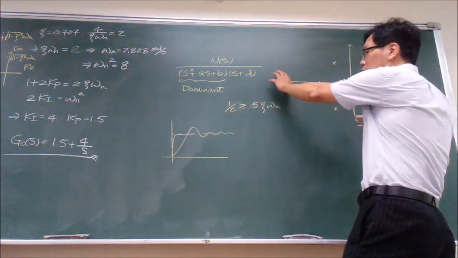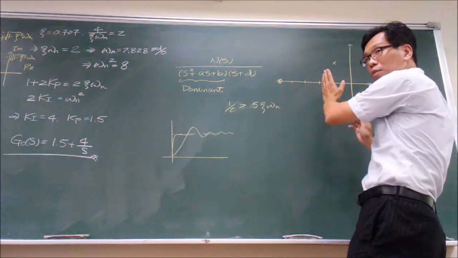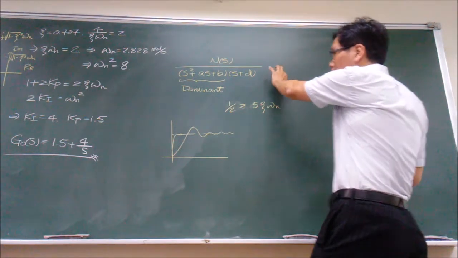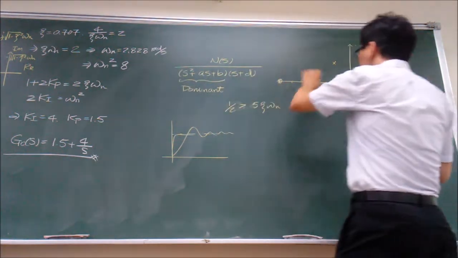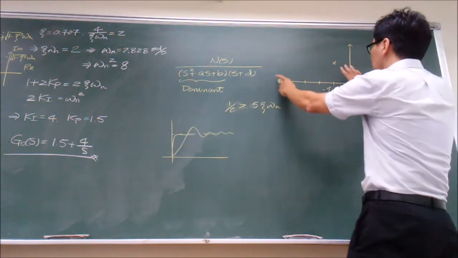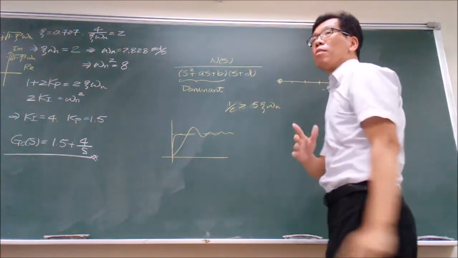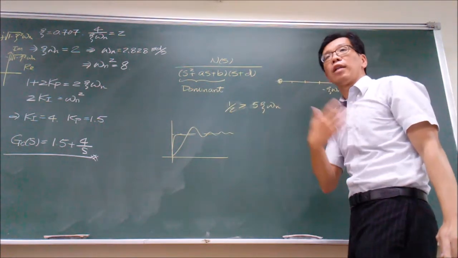If the first order system is not going to be the dominant one and the second order system is, then you need to put this pole far away. If you say this is going to be dominant, and these two are not dominant, make this one 5 times faster, then your system is going to be good enough.